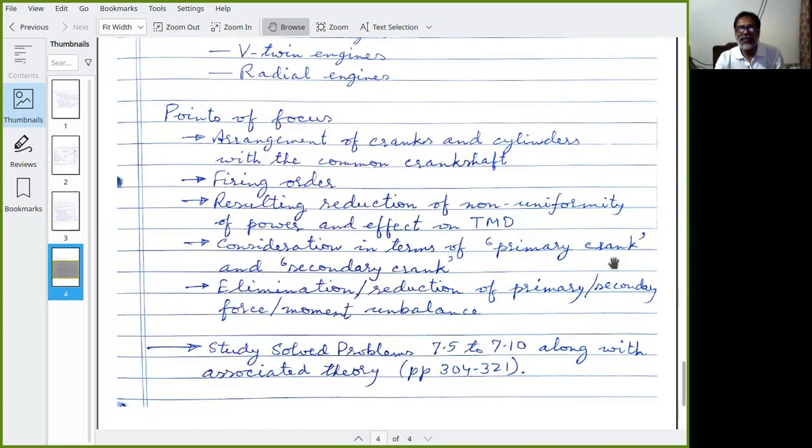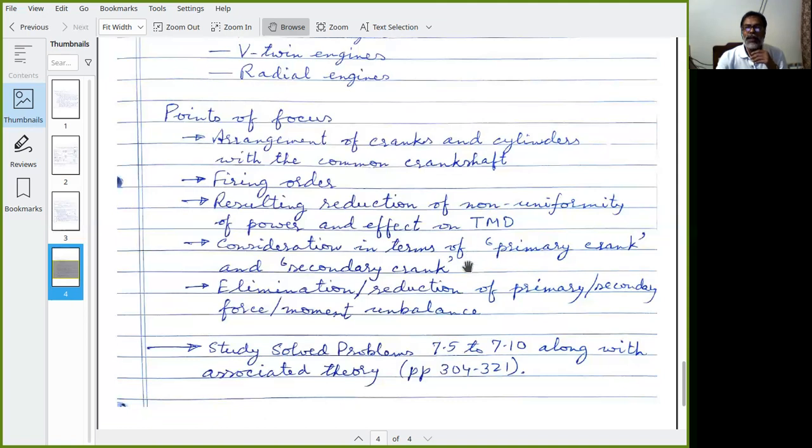Obviously, then in place of cos theta you will have cos 2 theta. So we consider it as a secondary crank, as if it's a different crank rotating at twice the speed. Then we pretend as if we are studying its cos theta, which in this case happens to be cos 2 theta because the speed happens to be that. That way, some of the analysis becomes more practical. You will see that in the analysis and examples in the textbook.